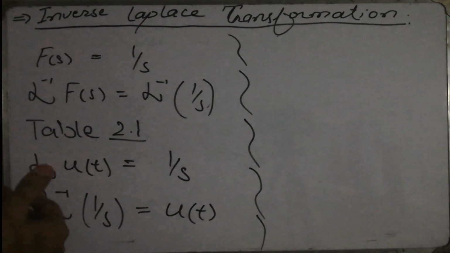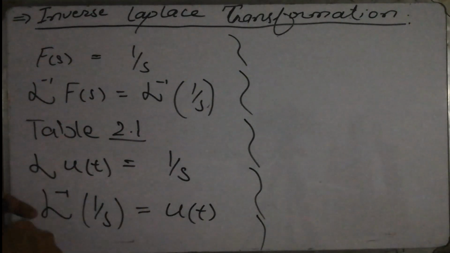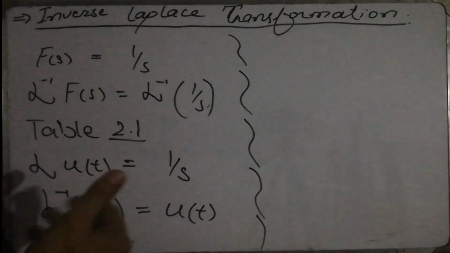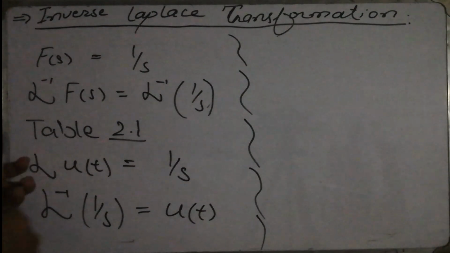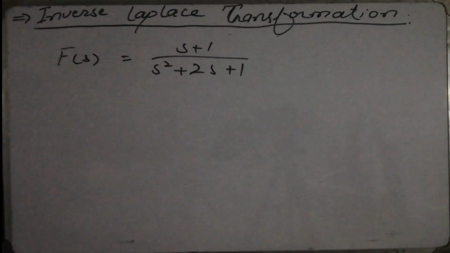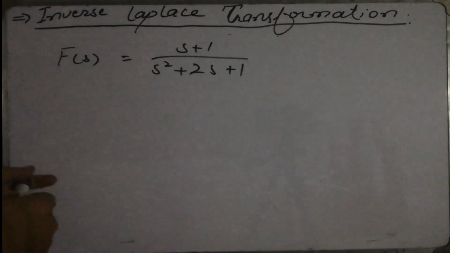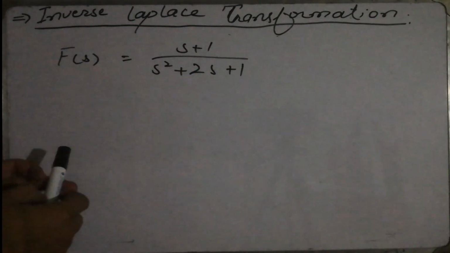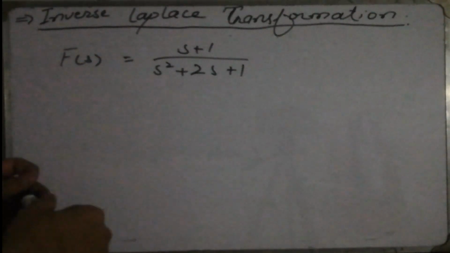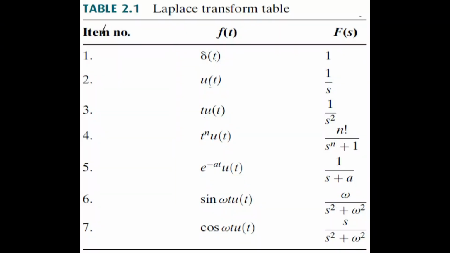Let's move to some examples, and then from that we will move to all the cases that we can have, and we have to find the inverse Laplace for each case. Now, unlike the previous example, here we have a function which is not exactly available in our table 2.1, right?